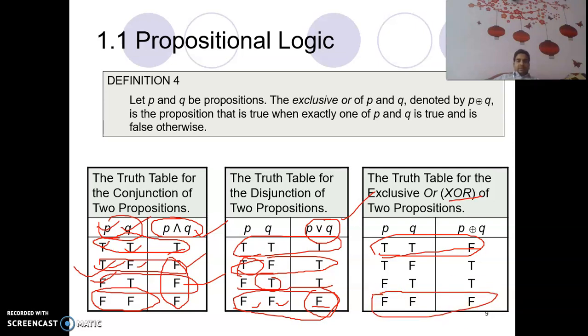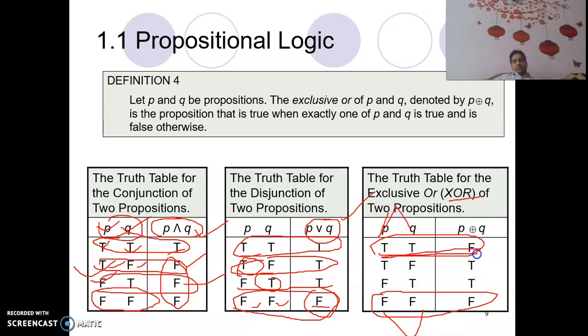So we can say if P and Q are similar, if P and Q are true or P and Q are false, then it will be false. In all other cases, it will be true. If the values of P and Q are similar, then it will be false.